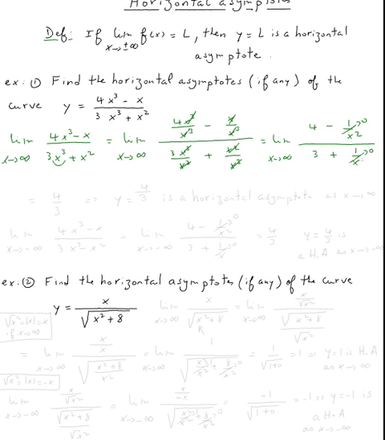Why? Because r equals 2 is bigger than 0, and here r equals 1 is bigger than 0. So this is equal to 4 over 3. Therefore we can say that y equals 4 over 3 is a horizontal asymptote.